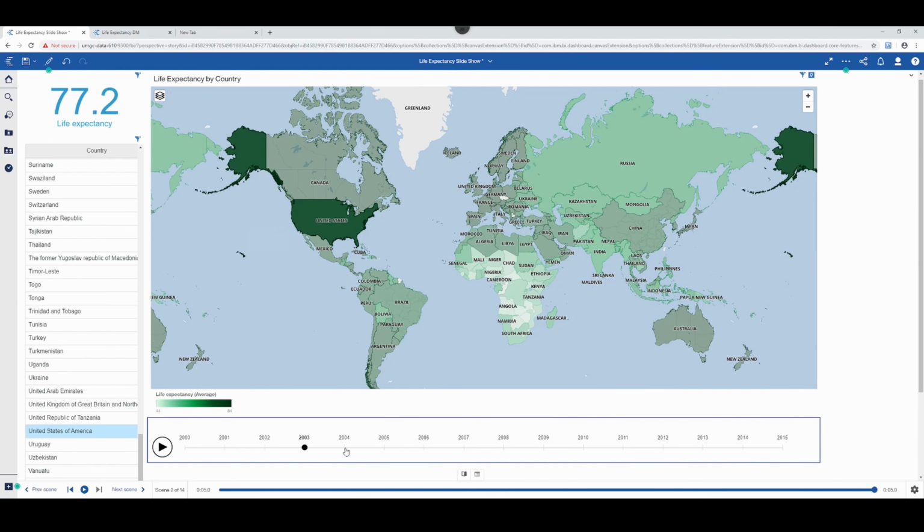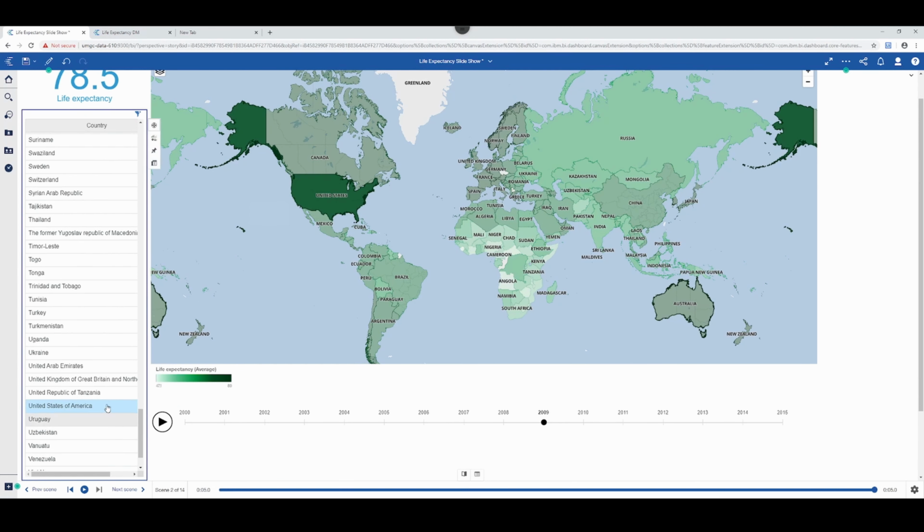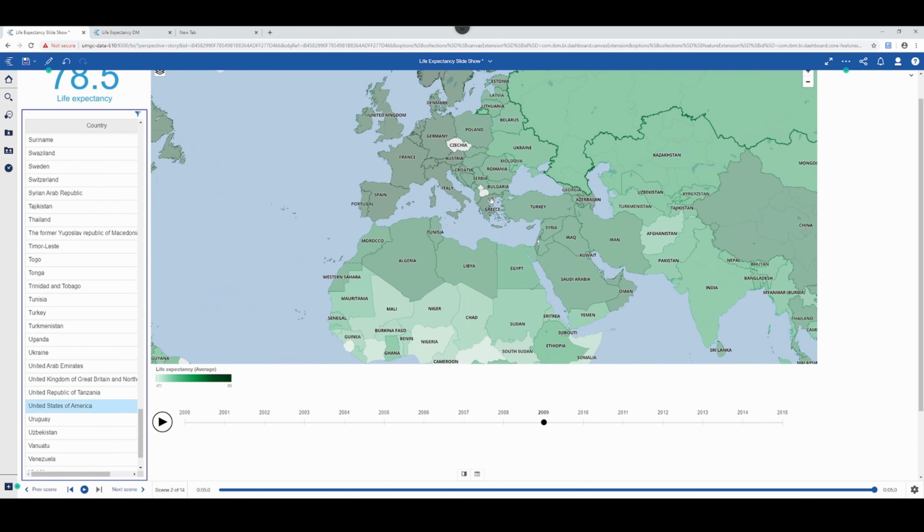And we can select individual years. You can see how the life expectancy changes. And then we can do the same for any other country, even by selecting it on the map.